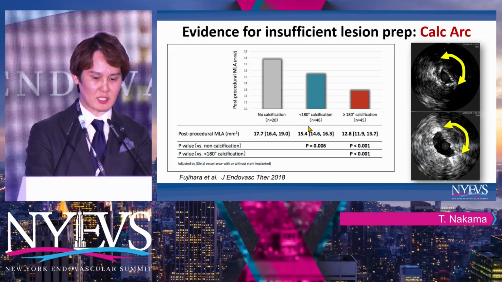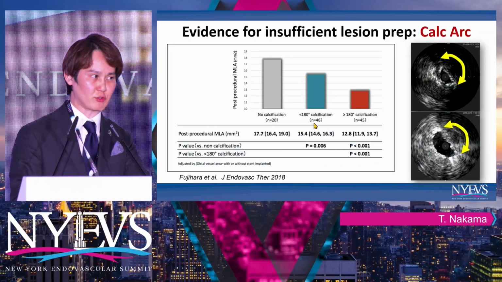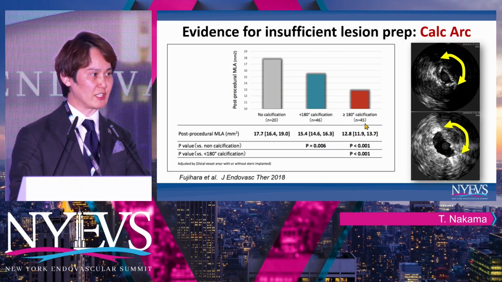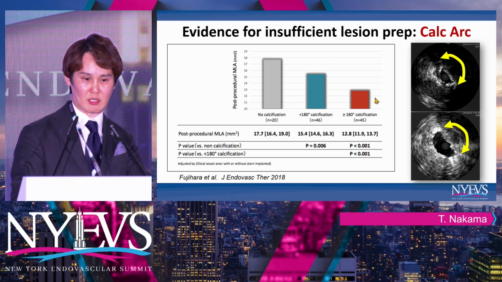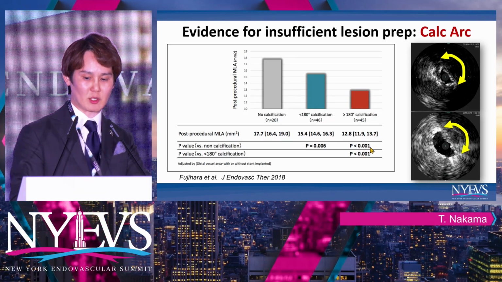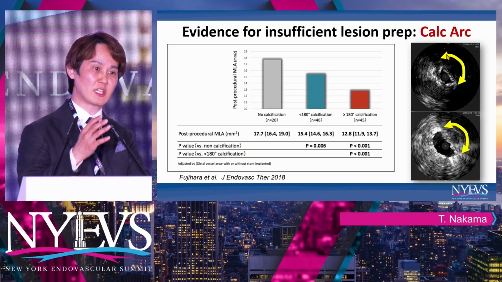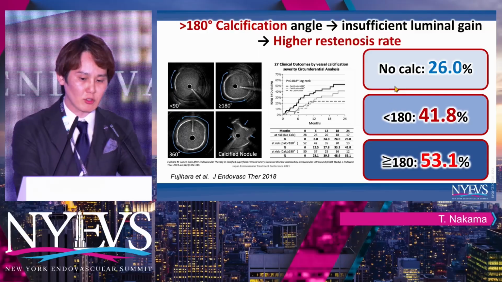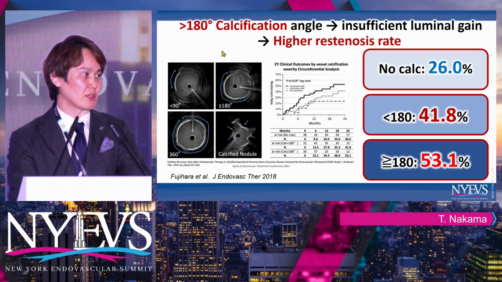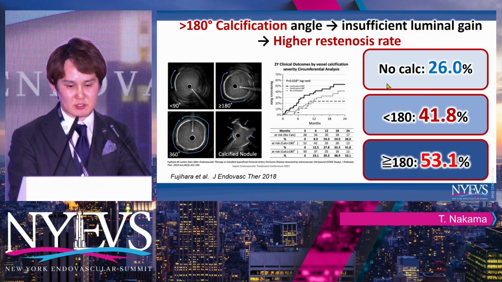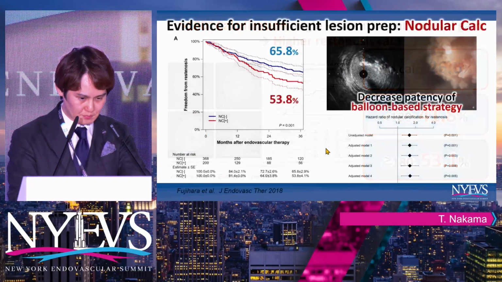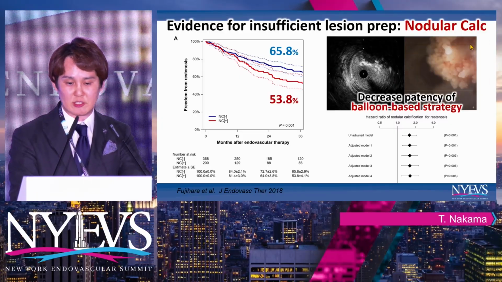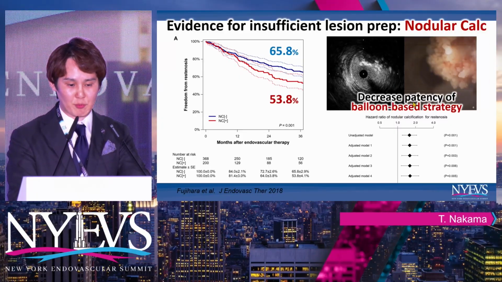Our data suggests that if you find over 180 degrees of calcification, it is strongly associated with lesion preparation failure. Therefore, in this kind of situation, we carefully consider a special technique for lesion preparations. This kind of deep calcified arc is also highly related to a higher restenosis rate. Furthermore, as I already mentioned, presence of nodular calcification is strongly associated with lesion preparation failure.